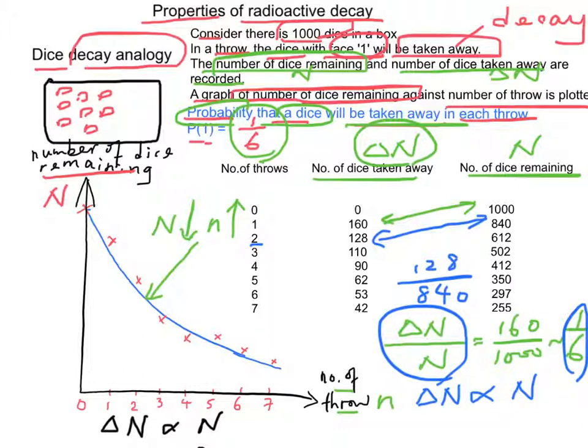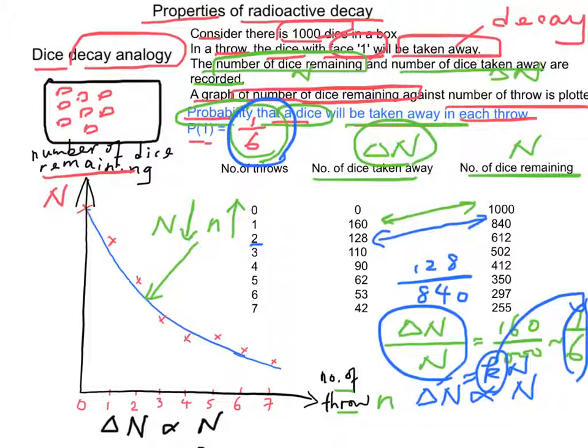Or we say delta n equal to Kn, where K is the decay constant for the dice. In this example, K is equal to the probability 1/6.